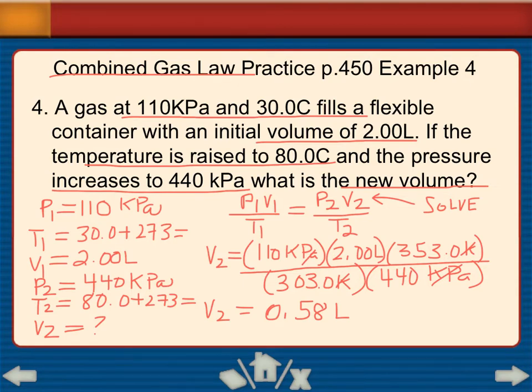It looks as though we could actually have 3 significant figures in this answer, so while I carried it out to 2, you may need to add a third. And that's it for this combined gas law problem.